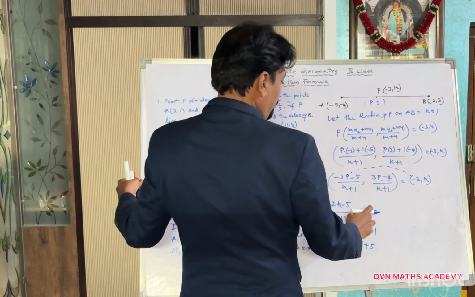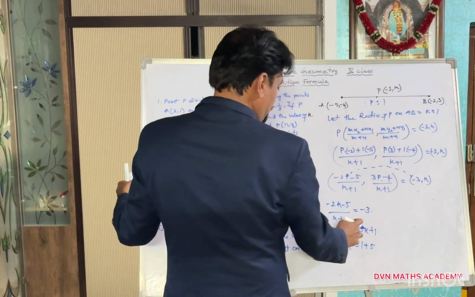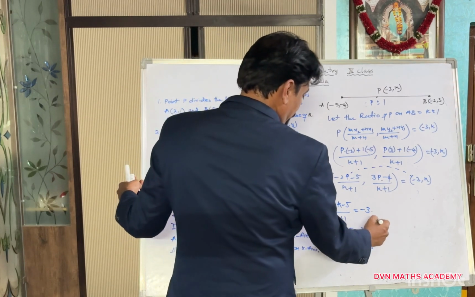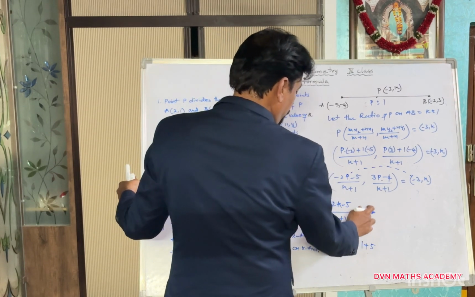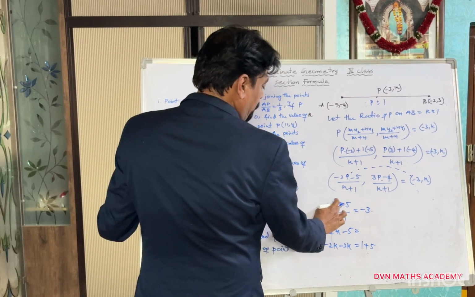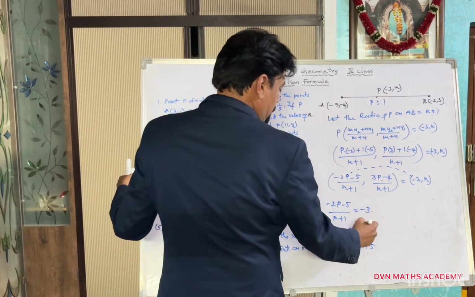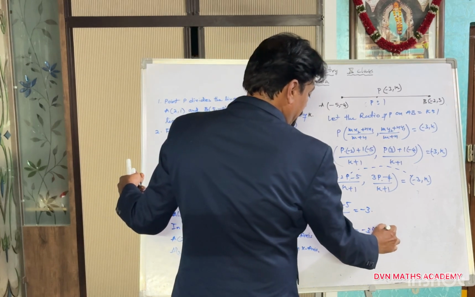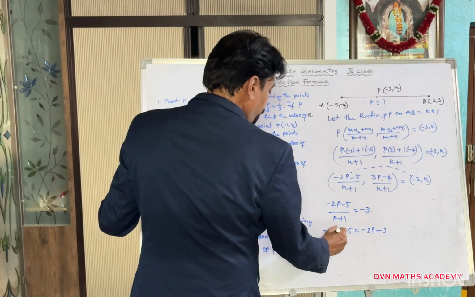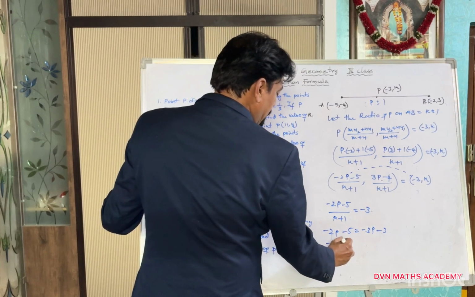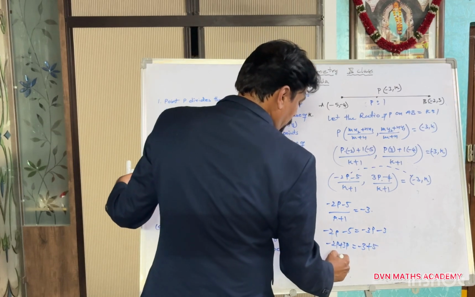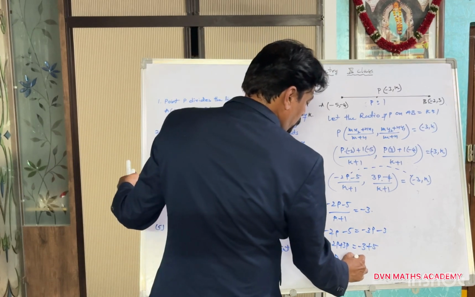And here we got -3; cross multiplying, here also you take p, so this is -3p minus 3. Then -2p plus 3p is equal to -3 plus 5. So my p is equal to 2.